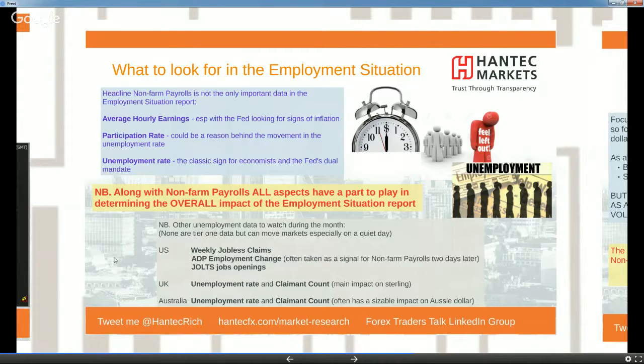You've also got things like the JOLTS job openings, which can be important, and I think the quit rate is probably more important than the JOLTS.